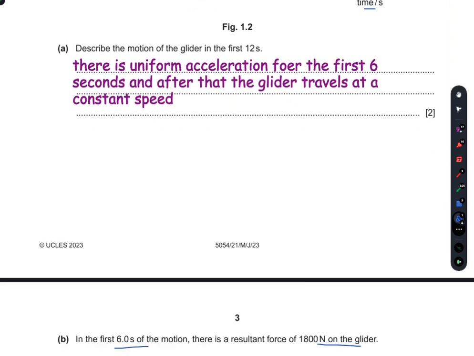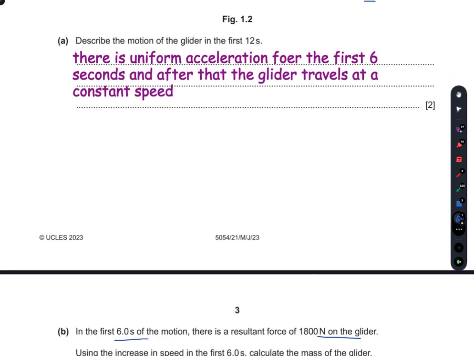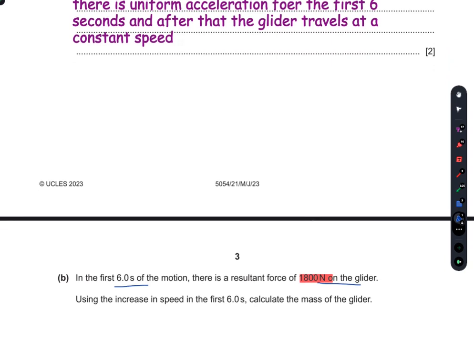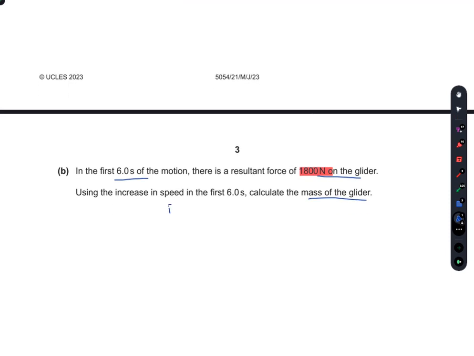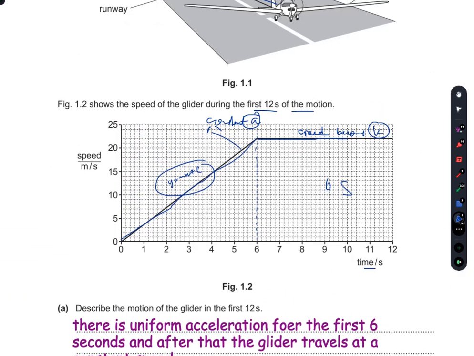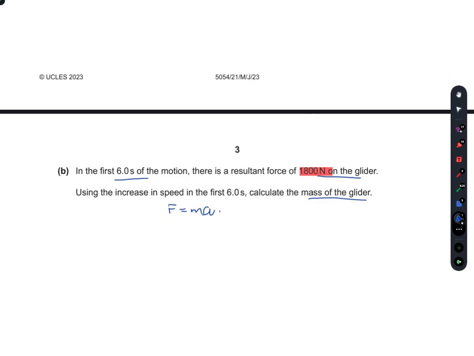The resultant force acting is 1800 newtons, and I have to calculate the mass of the glider. I will simply use the formula F = ma. He has said that you have to calculate the increase in speed in the first 6 seconds, and then you will figure out the mass of the glider.